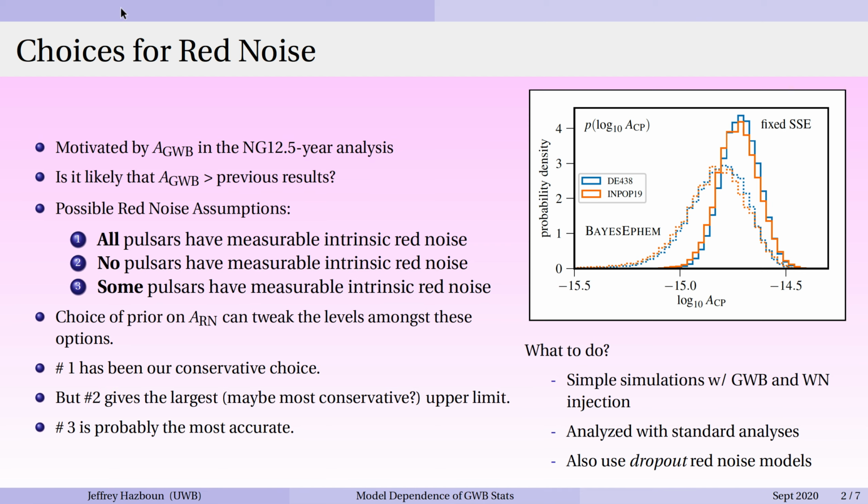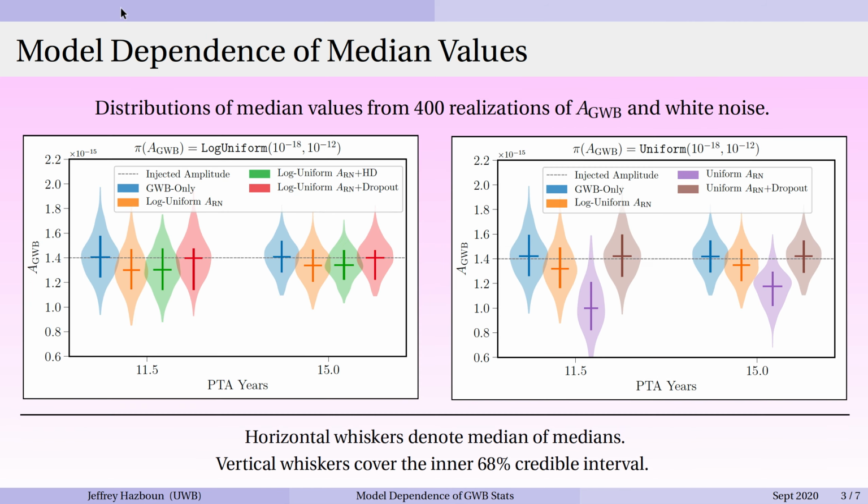We ran a ton of simple simulations where we only inject a gravitational wave background amongst the pulsars and white noise that's commensurate with the TOA errors. And then we did this with all of our standard analyses and some non-standard analyses, one of which is what we call the dropout red noise model that I'll talk about a little bit later.